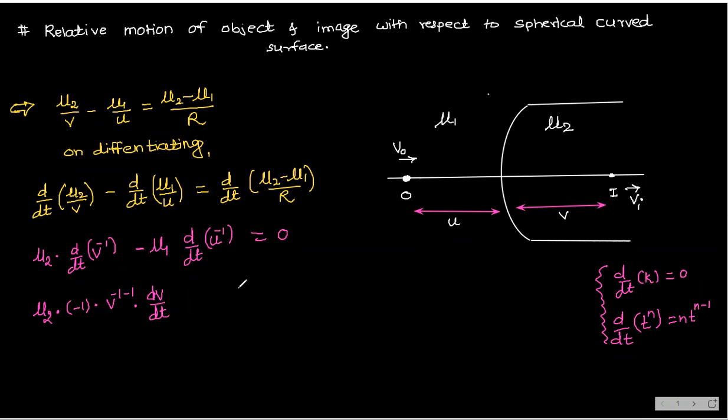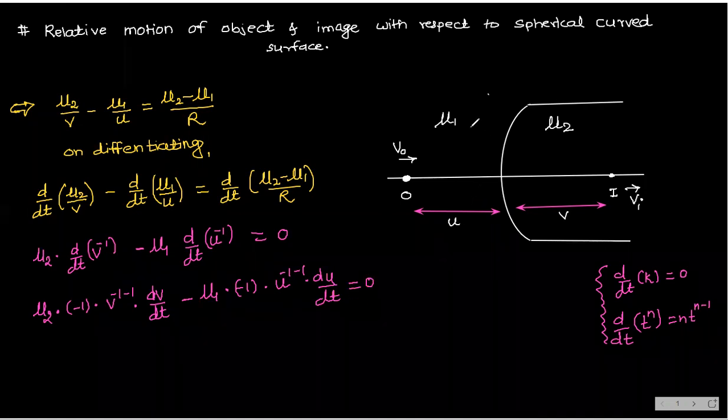Minus this mu1 as it is into the differentiation of u power minus 1. What you will get? Minus 1 into u power minus 1 into du by dt is equal to 0. समझ में आ रहा है?